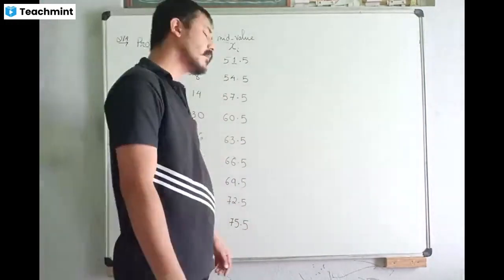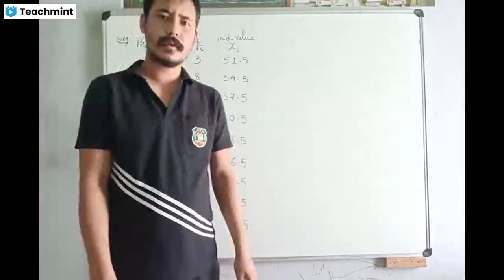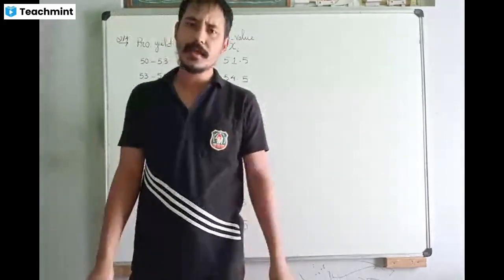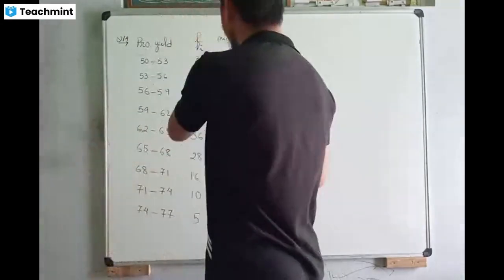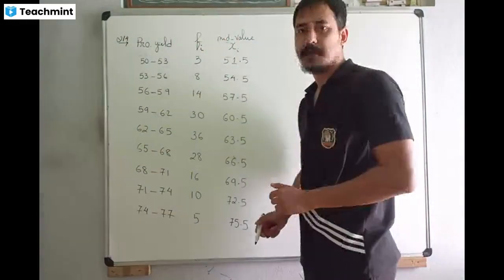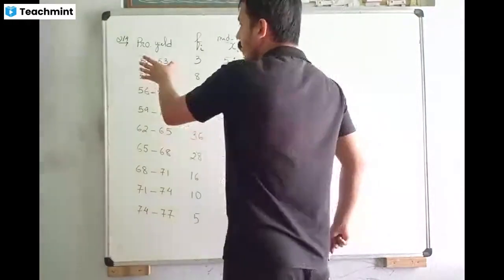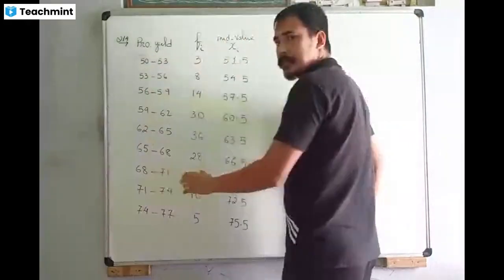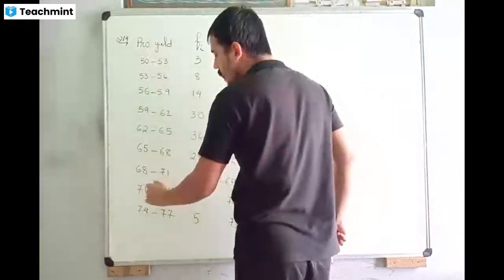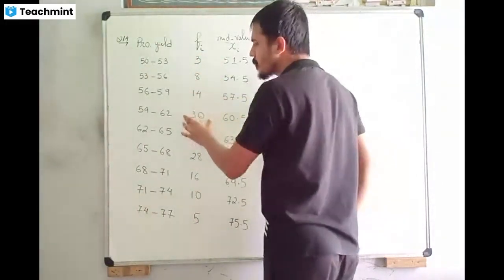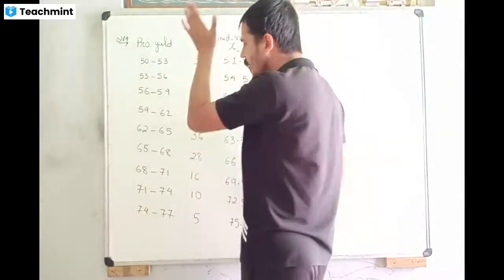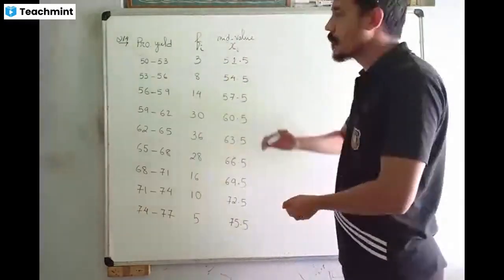Whether it is the direct method, the assumed mean method, or the step deviation method, these three columns are compulsory. The groups will be given in the question, and the frequency, the number of times the items of a group occur, will always be given.